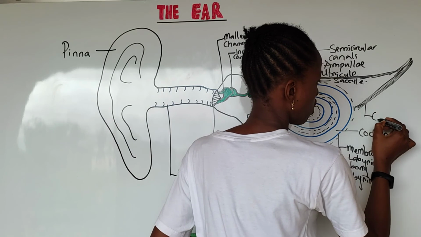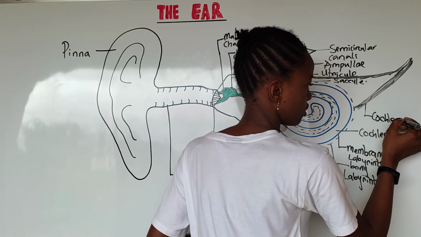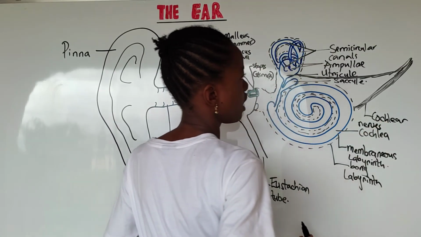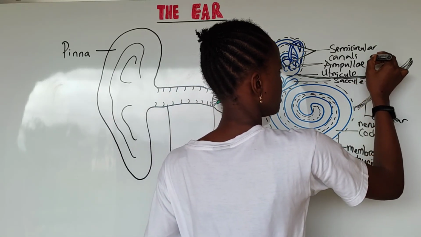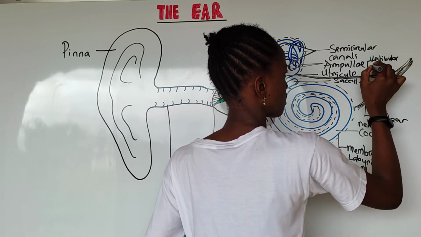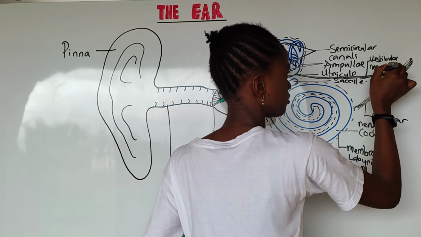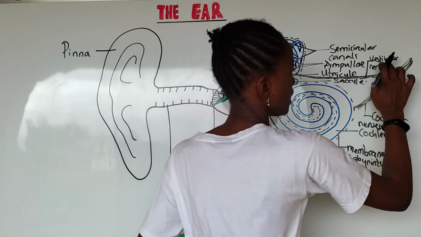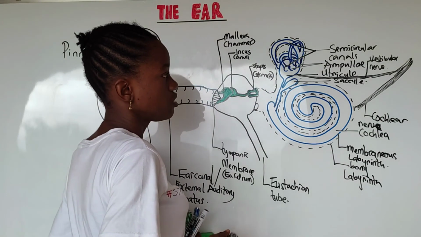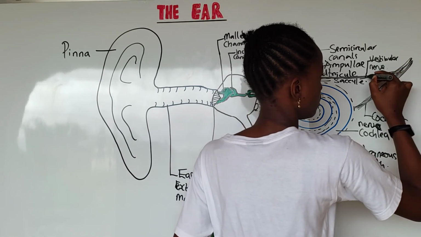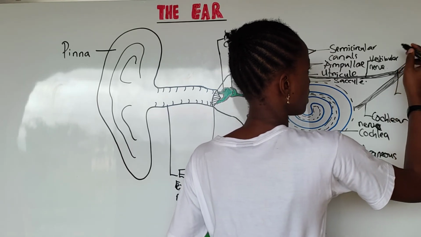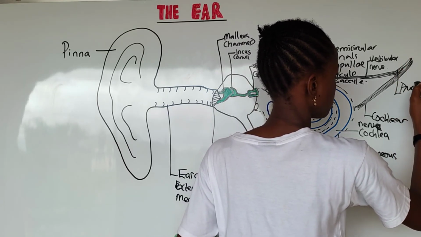We are going to call this the cochlear nerve. And this one is going to be the vestibular nerve. Okay? The vestibular nerve. The cochlear nerve. So, together, as I said before, they join to give the auditory nerve. In general, we can say that they are the auditory nerves.